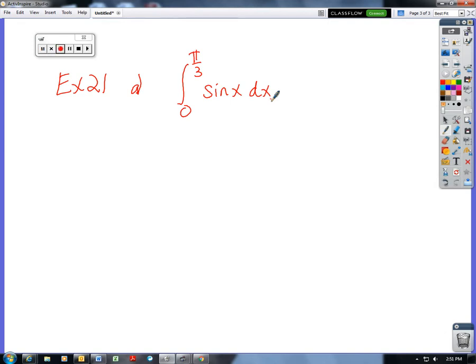It is negative cosine, right? And then we're going to evaluate that from 0 to pi over 3. So we write it like this, equals, and then we're going to have negative cosine of pi over 3 minus negative, so that turns to a plus, cosine of 0.